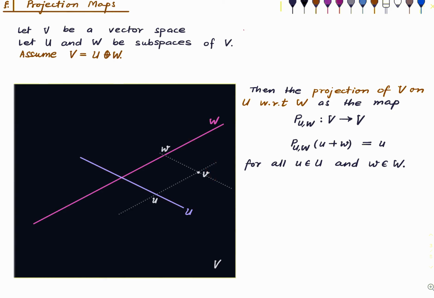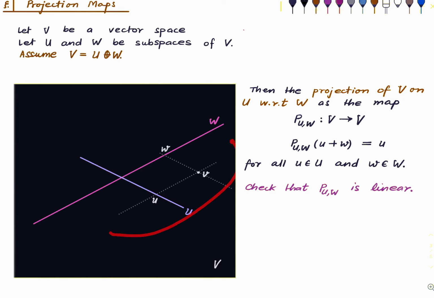So that's the definition, and you can easily check this is a linear map. Also, note, even though the target of this map is the entire vector space V, it takes values only in the subspace U. But it is convenient to have the target as the entire vector space V so that we can think of this as an endomorphism rather than just some linear map. It's just more convenient that way.